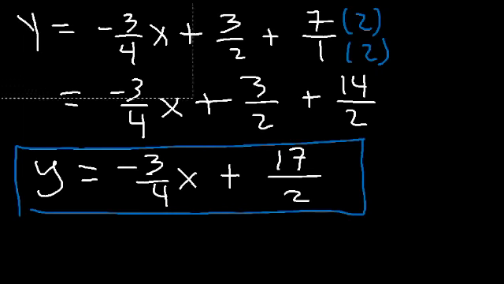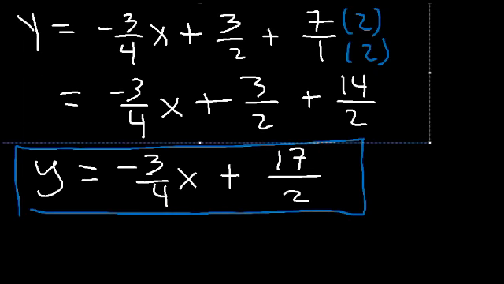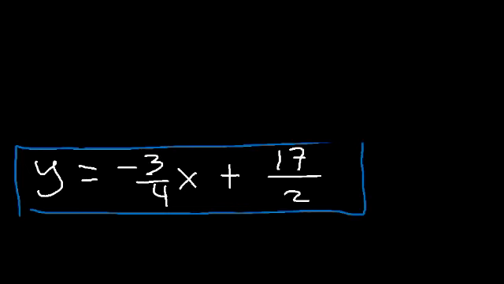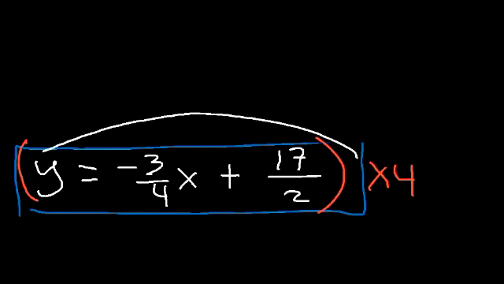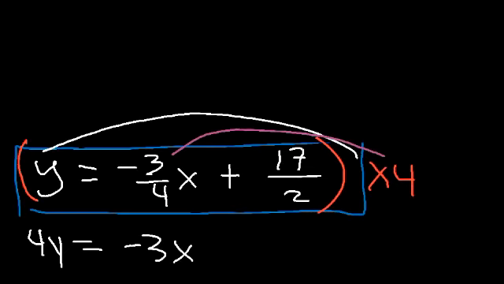So how can we convert the equation from slope-intercept form to standard form? Just like we did before, we're going to clear away the fractions first. So let's multiply everything by 4. So 4 times y is 4y. Negative 3/4 times 4, the 4's will cancel, and so it's negative 3x.